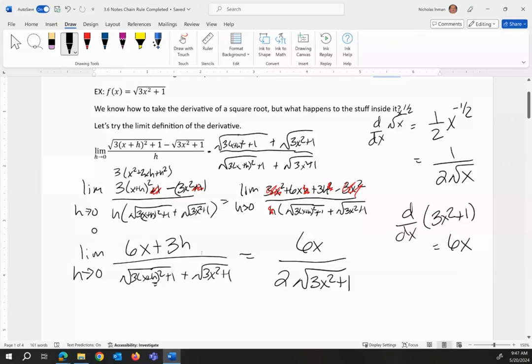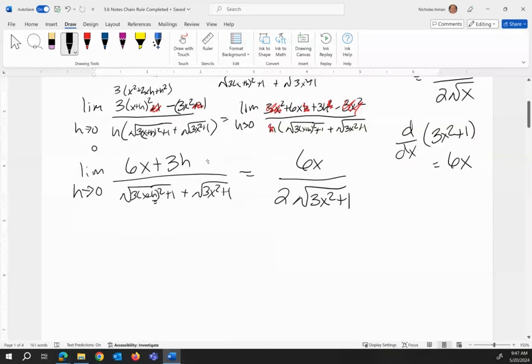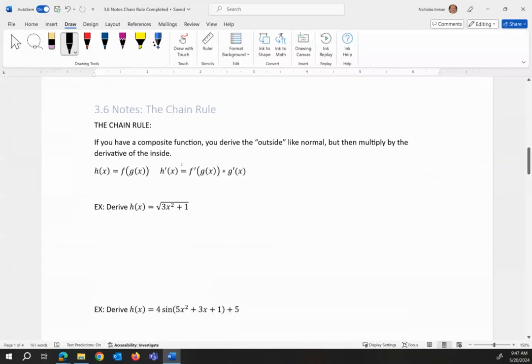So its derivative is 6x. You see we have its derivative here, so we have both pieces. It's like the derivative of the big function, and then also the derivative of the inside function. So it's like we do both derivatives. That is the exact chain rule.